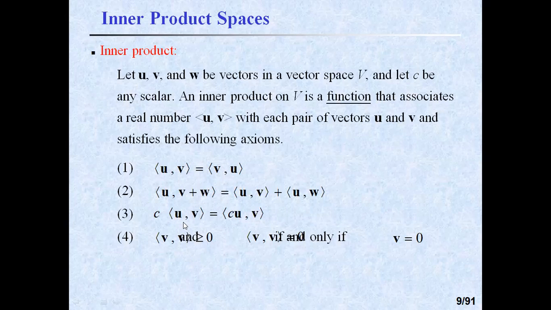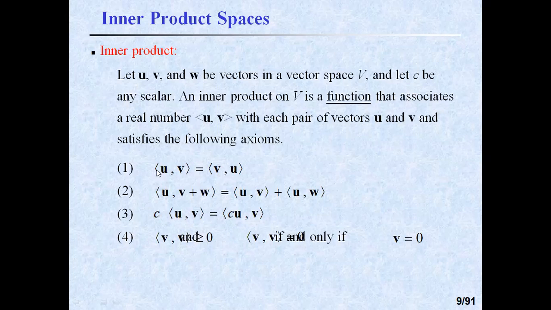Third one: C into the inner product of u comma v is equal to the inner product of Cu comma v. Fourth: the inner product of v comma v is greater than or equal to 0, and equal to 0 if and only if v equals 0. These are the four important axioms. If the function satisfies these four axioms, then we say that V is an inner product space.